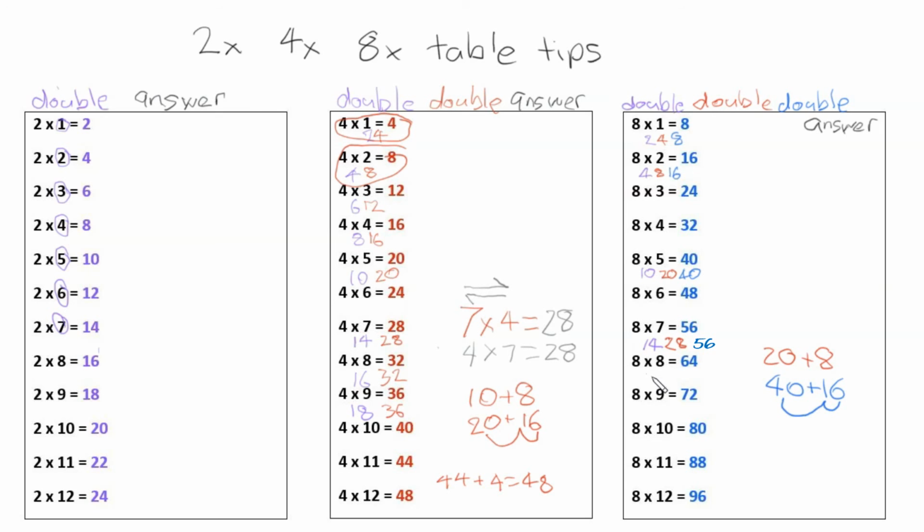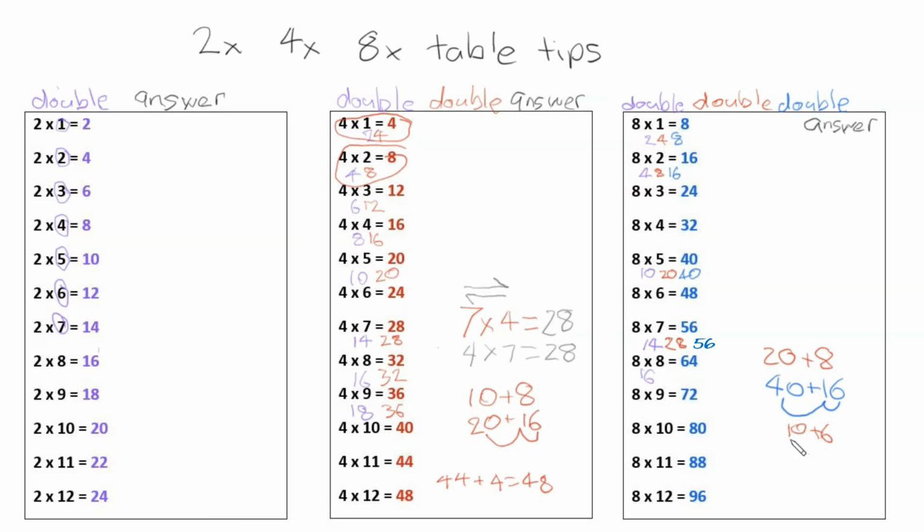Double 8 is 16. Double 16, let's do that because it may be a little tricky. So we've got 16 is 10 plus 6. That's not too hard, is it?